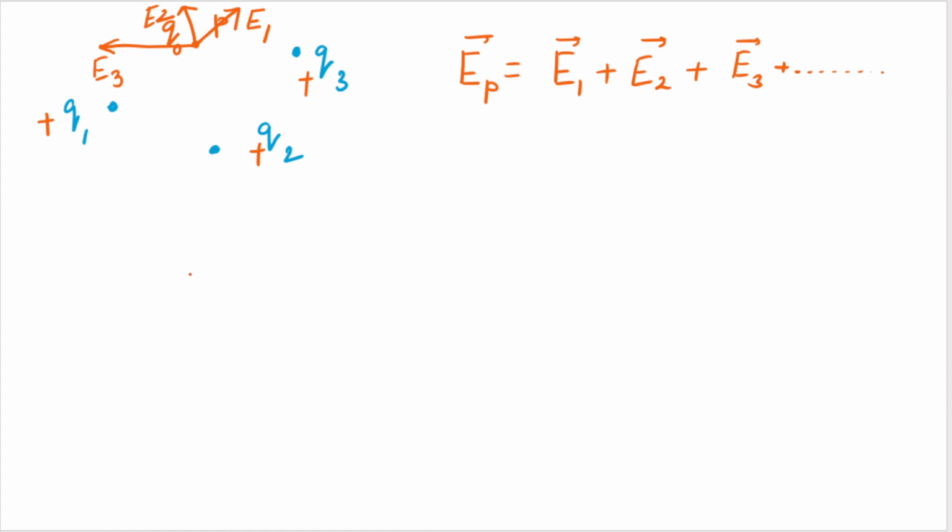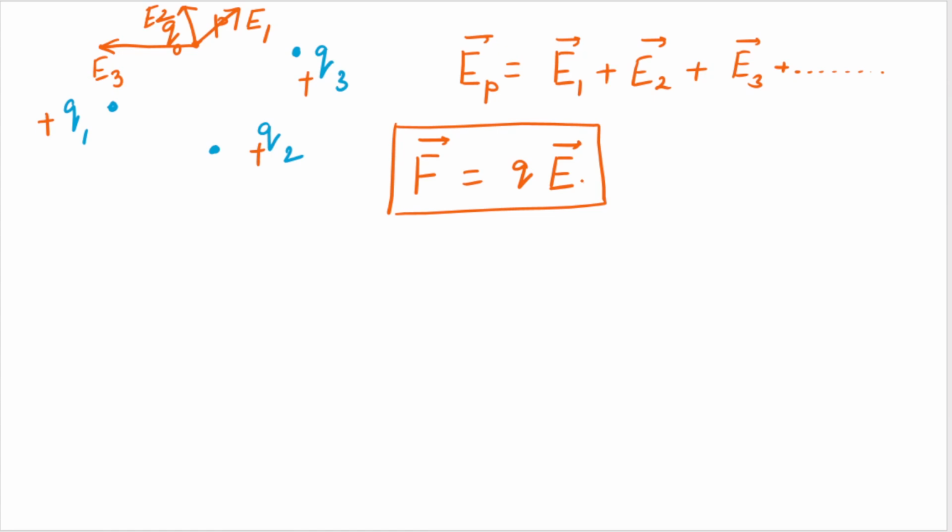A very useful formula that will be used many times in this chapter is force equal to Q times E. Kindly note, the electric field that is present here is not the electric field that is generated by this charge. So suppose we have an electric field at point P that is given by these arrows.